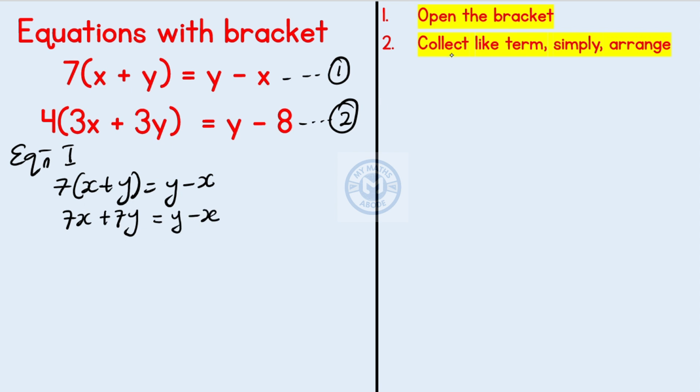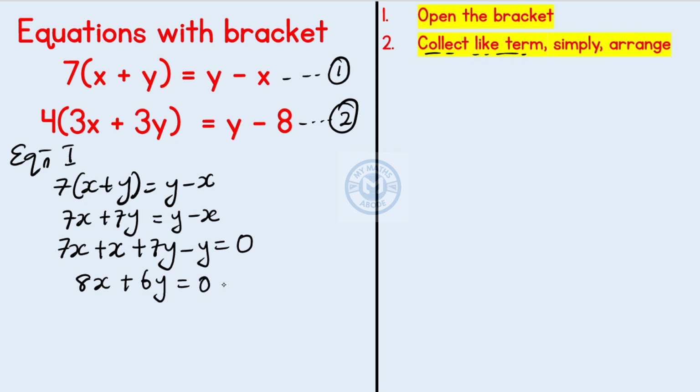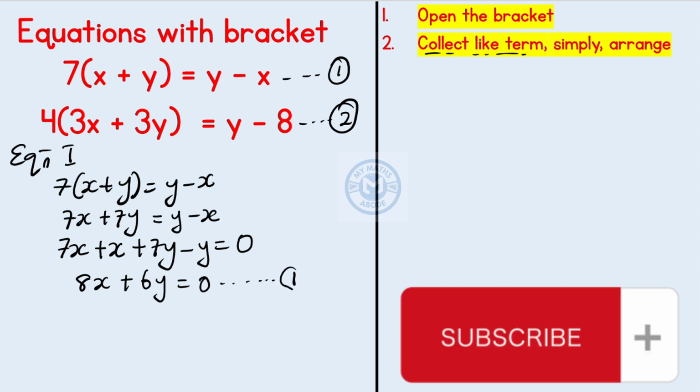The next thing I'm going to do from the instruction we have here is to collect like terms. So this will be 7x plus x plus 7y minus y will be equal to 0. And this will give me 8x plus 6y is equal to 0. Now this is my new equation 1.